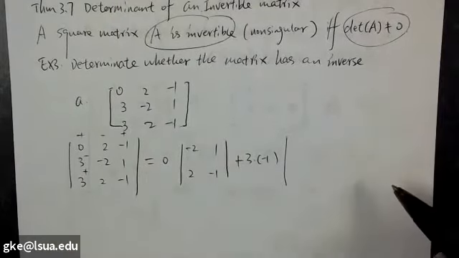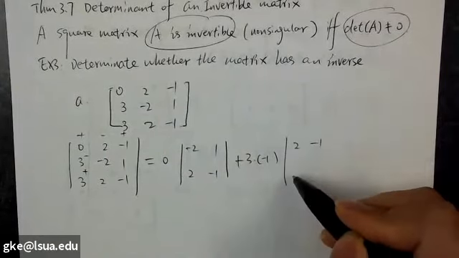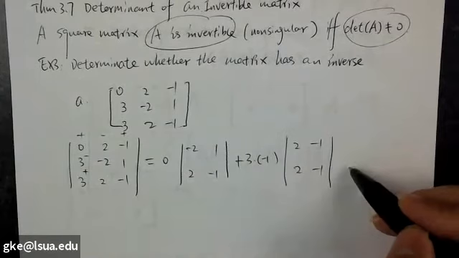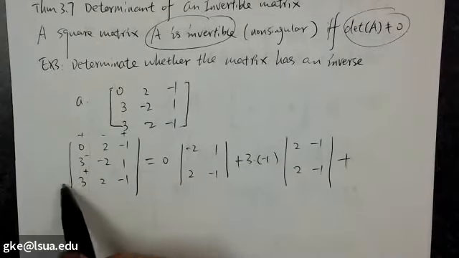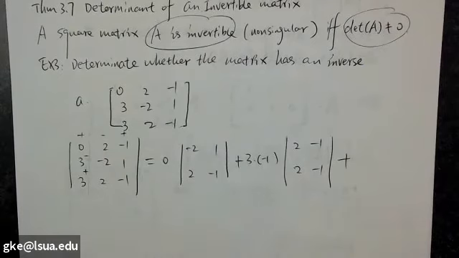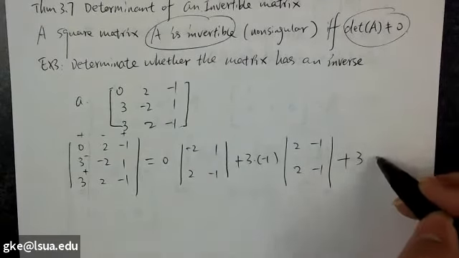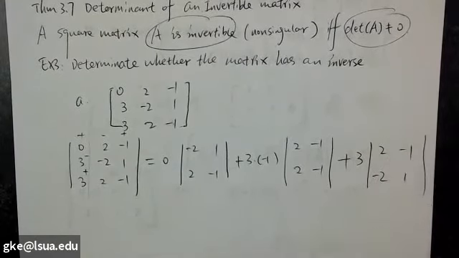Second row, first column: 2, -1, 2, -1. And the last row, remove the last row and first column. That is 3, 2, -1, -2, 1.